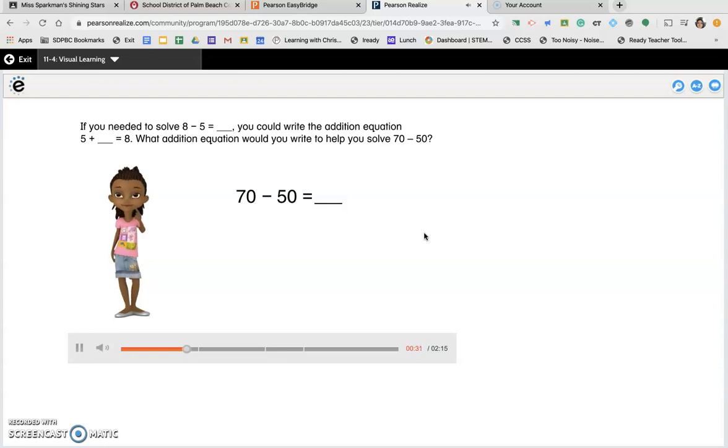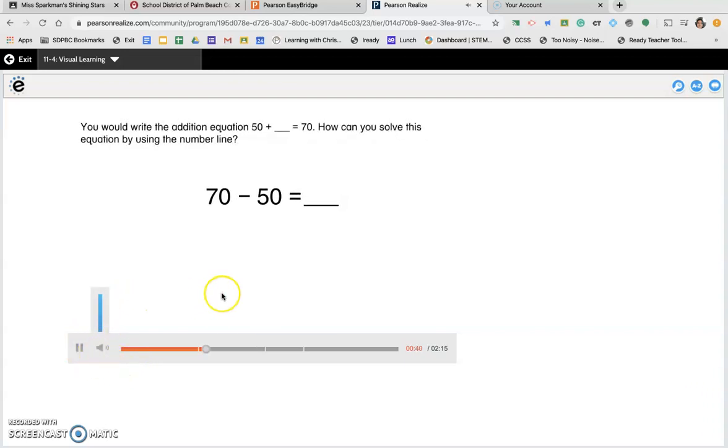What addition equation would you write to help you solve 70 minus 50? What addition equation can we use to help us find 70 minus 50? You would write the addition equation 50 plus blank equals 70.